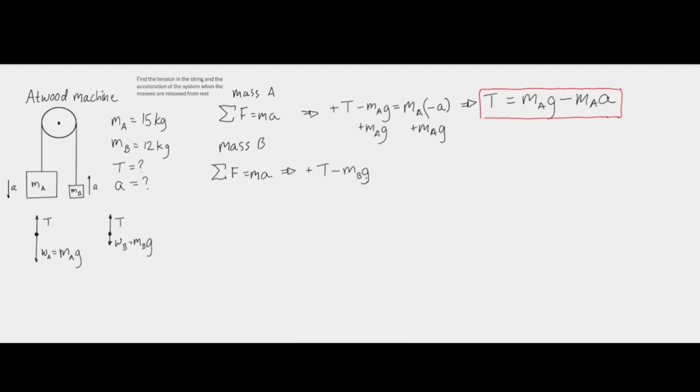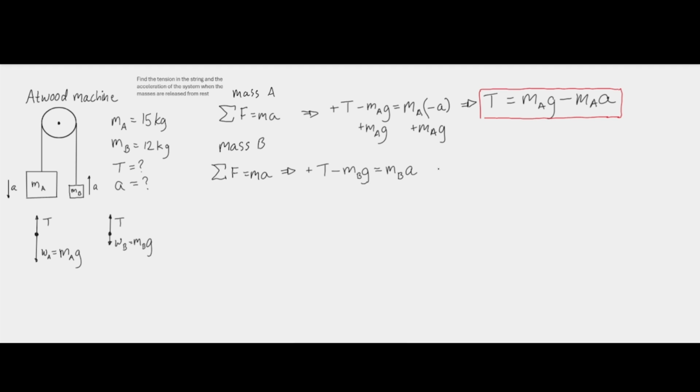And the same as I did in this top case, now I have to look at the mass I need, because this is equal to ma, but now it's a different mass. So this is the mass B. And now which direction is the acceleration pointing? Now the acceleration is pointing in the upward direction. So now we can just write a positive a. For the other object, it was accelerating downward, so it needed a negative sign.